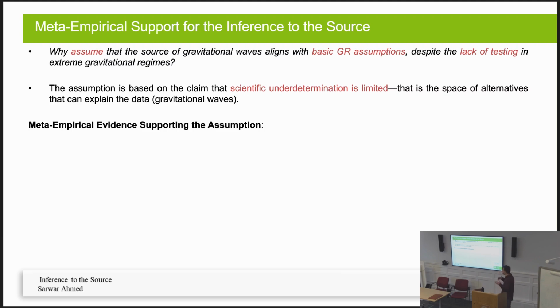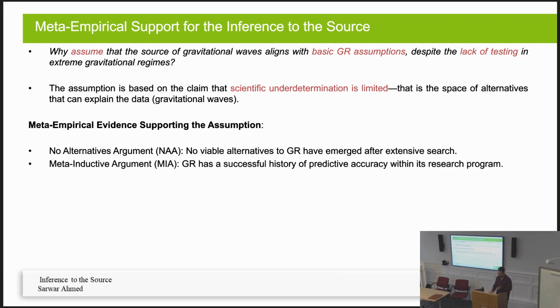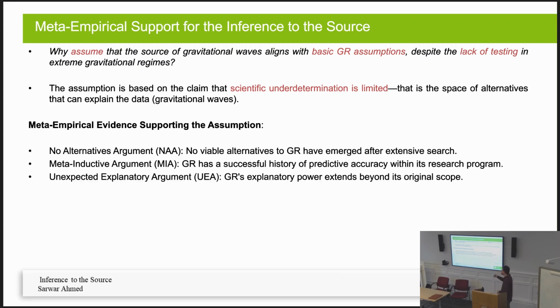A kind of meta-empirical assessment that could support this assumption is Dawid's three arguments. First, the no alternatives argument: there is no viable alternative to GR after an extensive search, as James has written about. I think that might be controversial. Second, GR has a successful history of predictive accuracy within its research program.